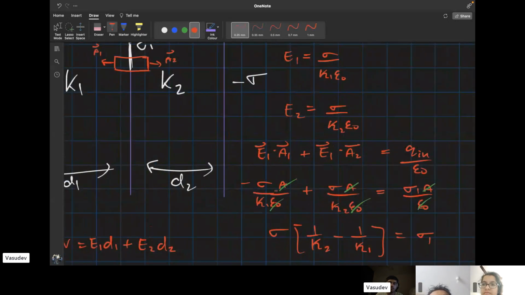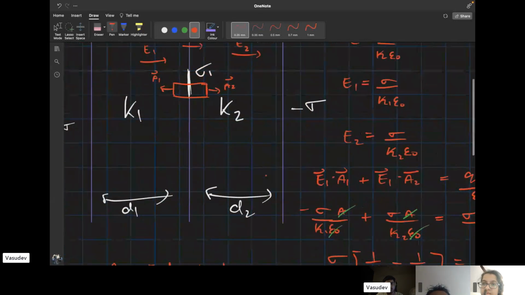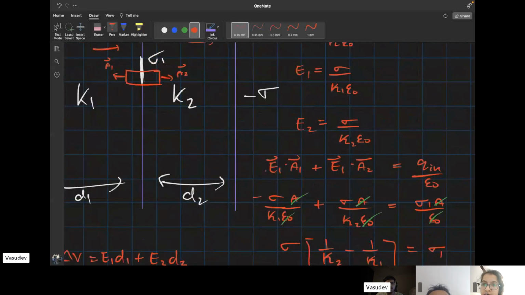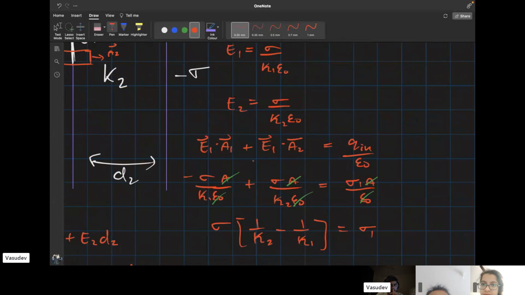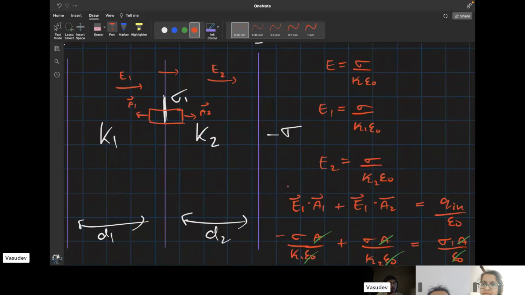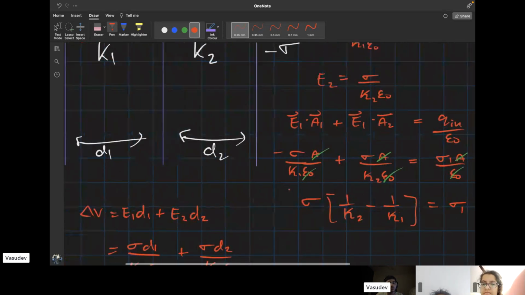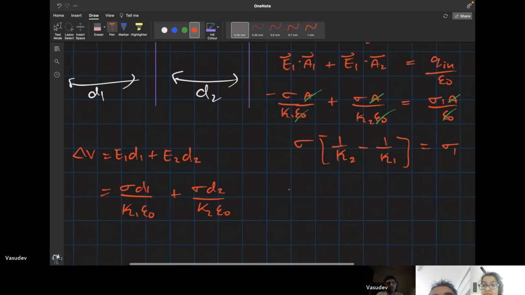Okay, so the only problem here is that we don't have the D's involved anywhere. E1 is equal to, K1, K2. It's the superfluous D1, D2.